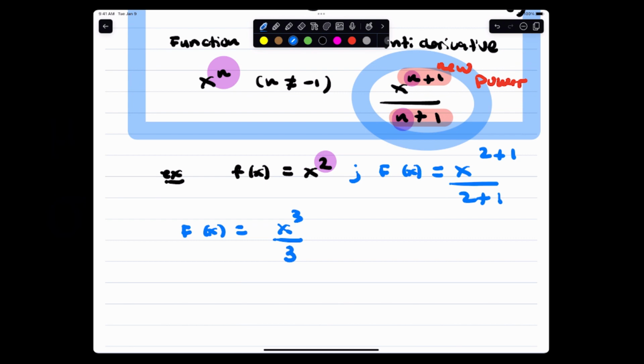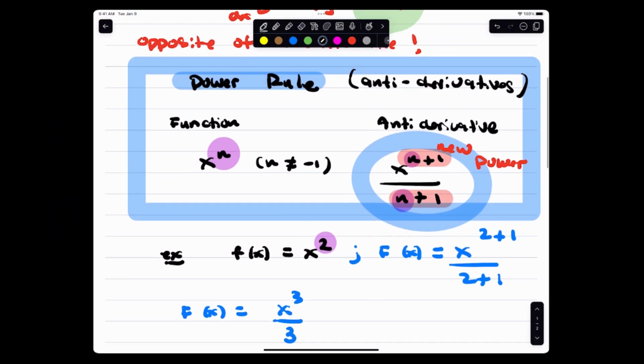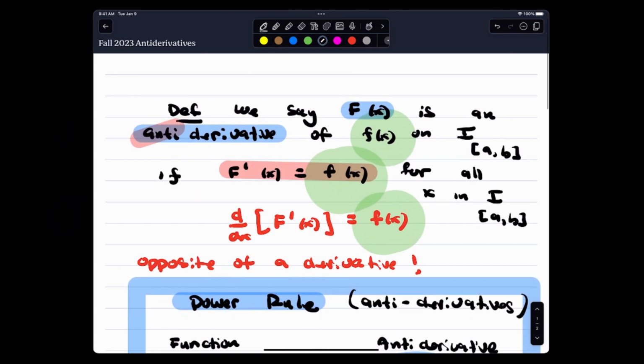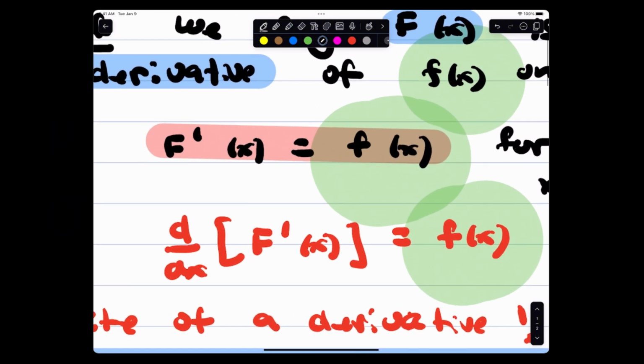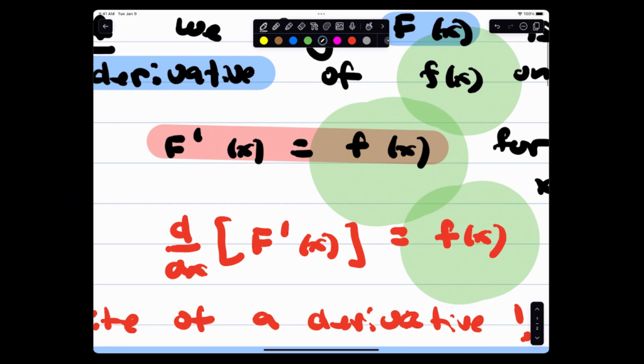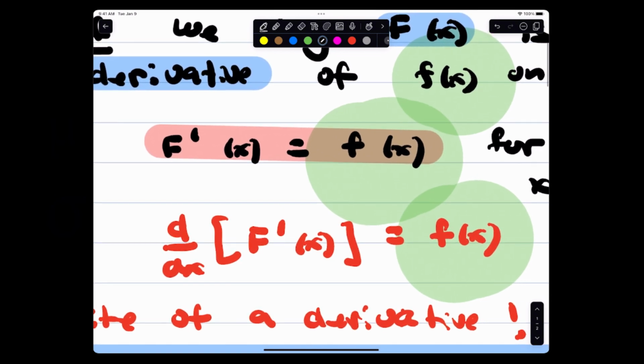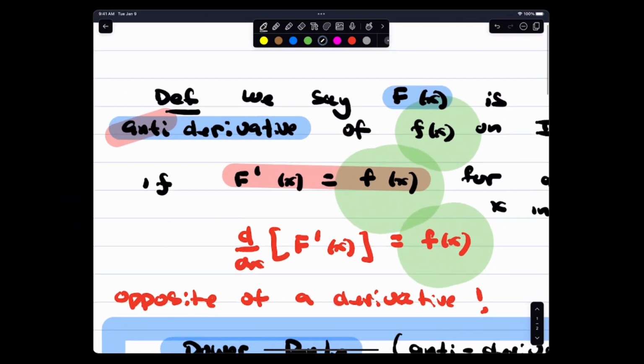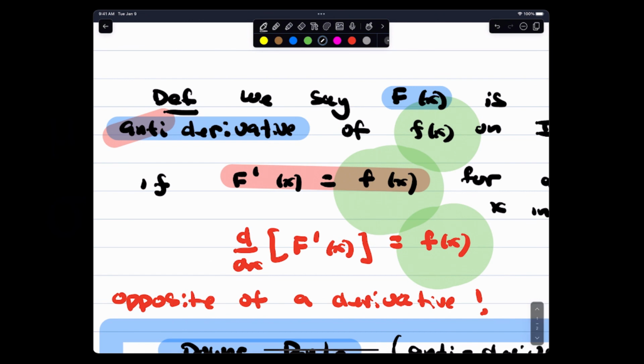Anyway. So I want you guys, let's do a note here. You say, well, why is that an antiderivative, right? You go, does it satisfy this definition? That if I differentiate the big F, it equals my original function? I don't know. Let's try it out. Because this is the definition of an antiderivative right in here.